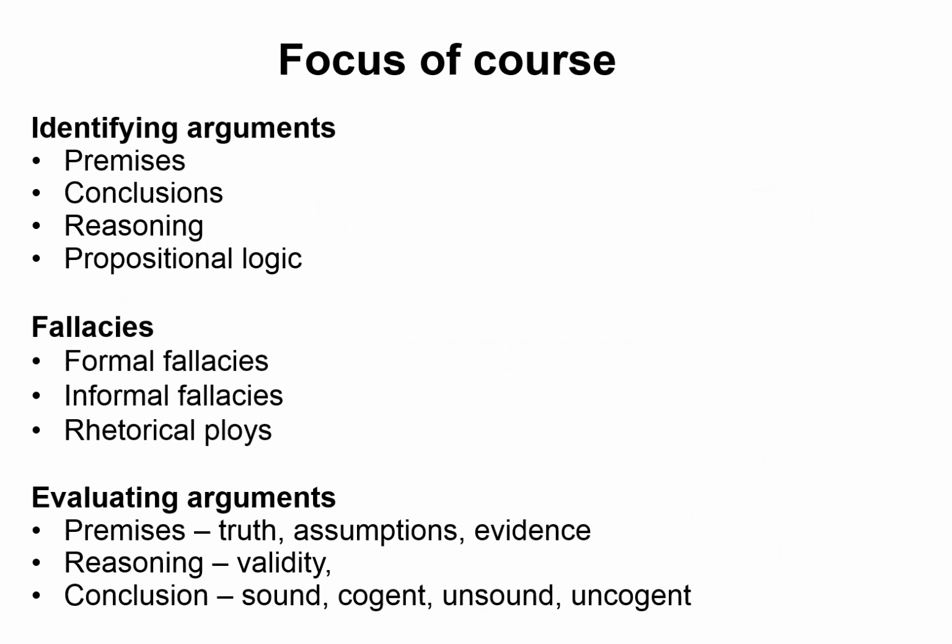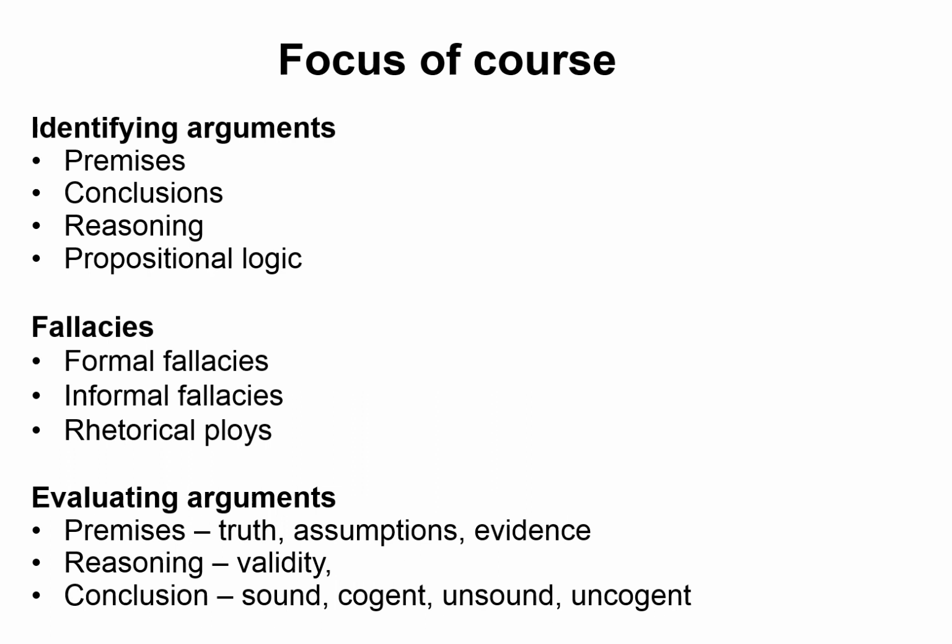What I want to do is to introduce the focus of this course. There are three main parts. First, identifying arguments. Second, fallacies. And third, evaluating arguments. In the first part, we're going to study what premises are, conclusions, reasoning, and we're going to focus on one type of logic called propositional logic.